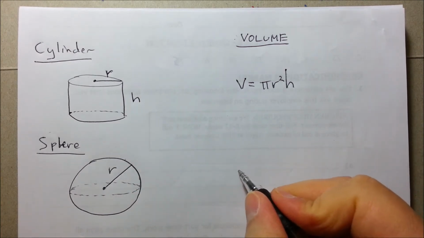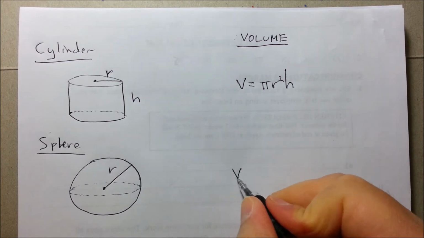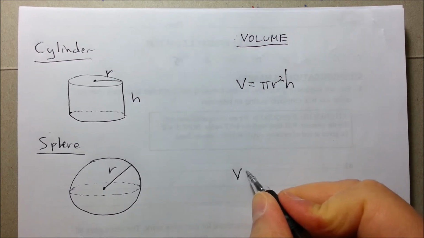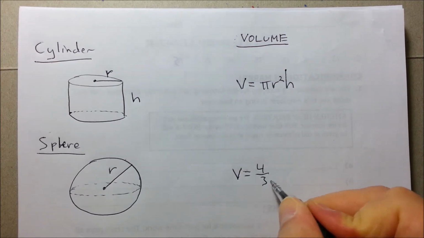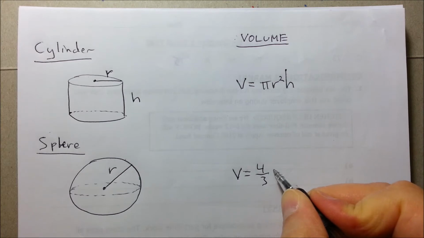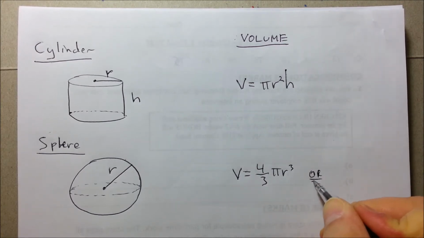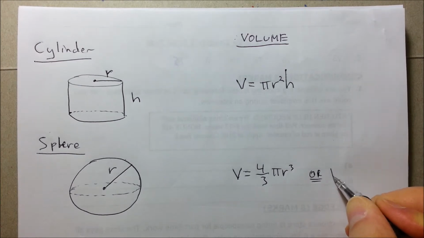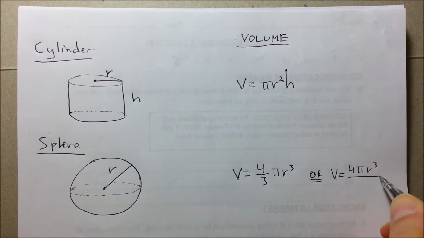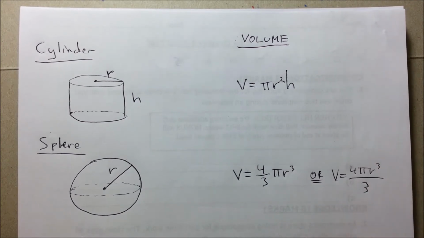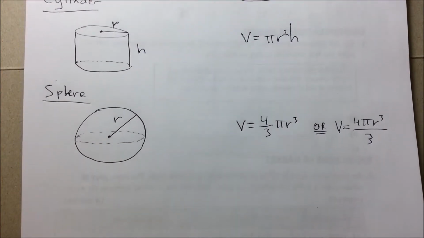Now the formula for the volume of a sphere is V equals 4/3 times pi times r cubed, or you can also write it as 4 pi r cubed over 3. It's all the same.